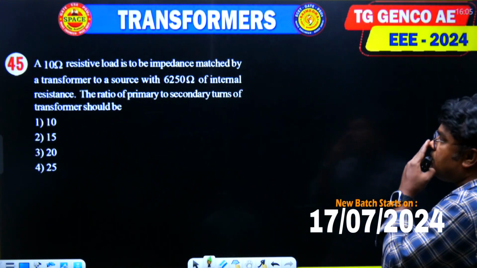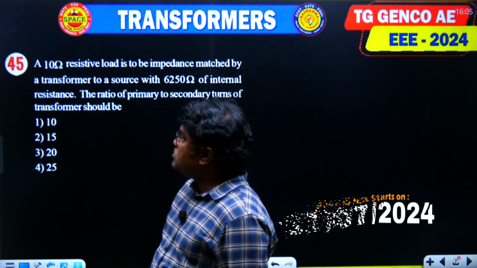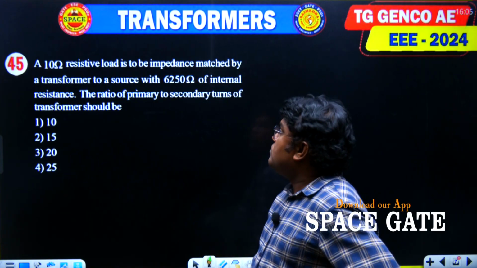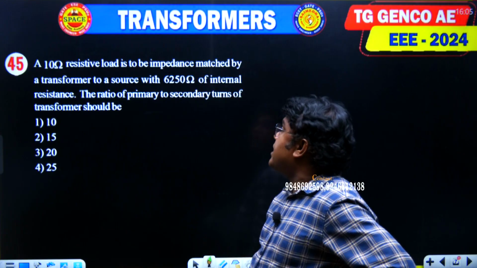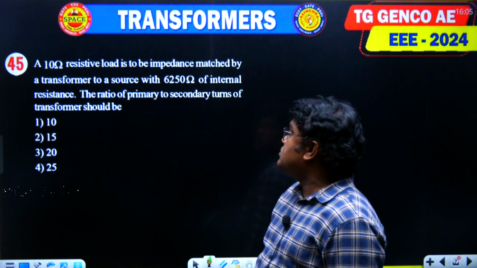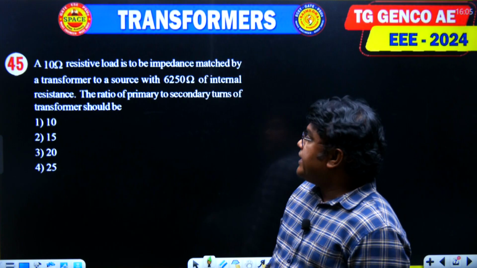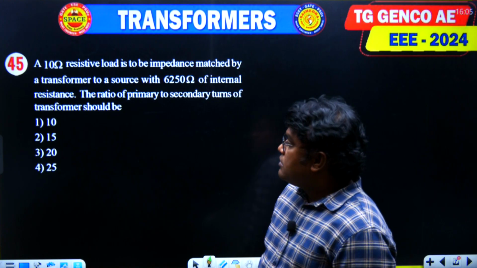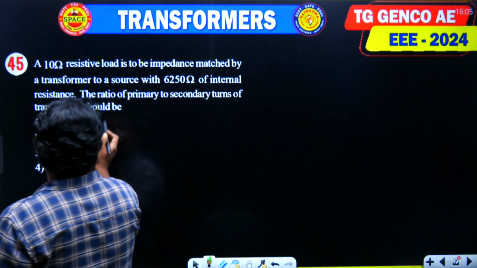And next, question number 45. The question number 45 also belongs to the transformer. A 10 ohm resistor load is to be impedance matched by the transformer to a source with internal resistance of 6250 ohms. The ratio of the primary to the secondary side turns is asked.